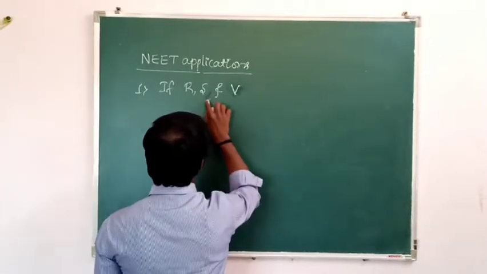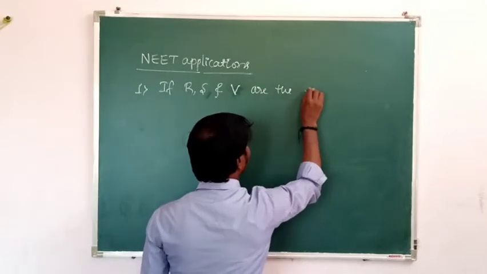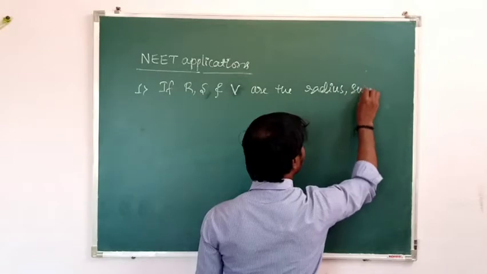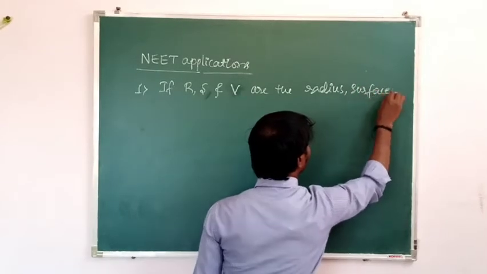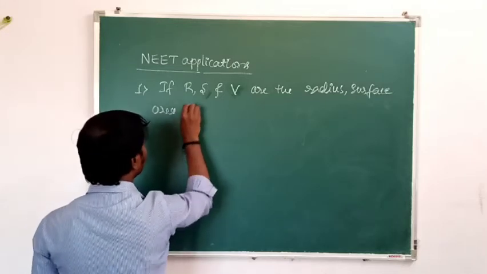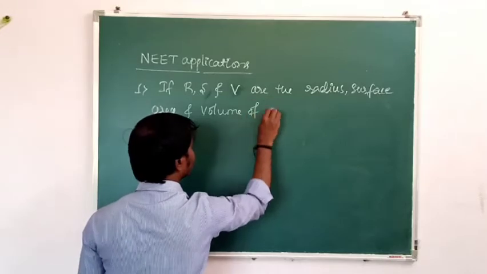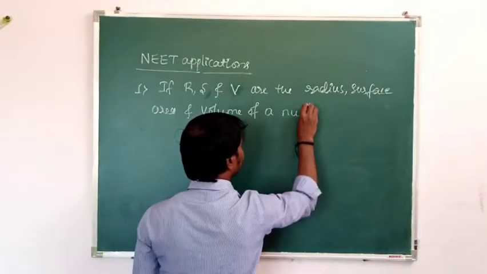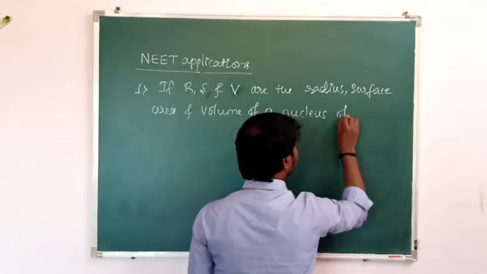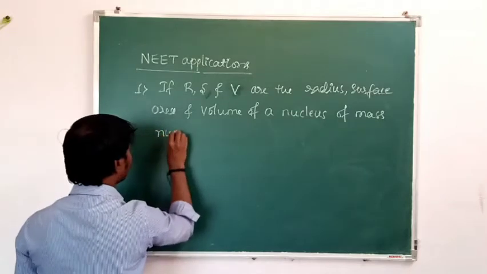If R, S and V are the radius, surface area and volume of a nucleus of mass number A. So what is the mass number of the nucleus here?